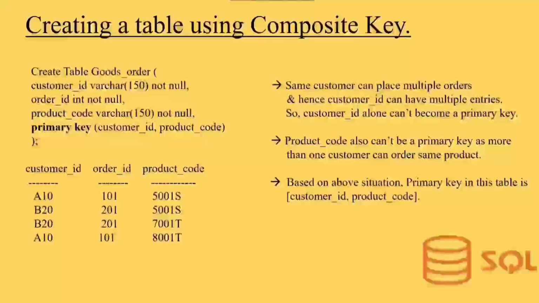Product code also cannot be a primary key, as more than one customer can order the same product. So based on this situation, we are creating a primary key using customer ID and product code. You can see customer ID B20 is having order ID 201 and 201, but the product code is different. So based on those two columns, using composite key we are defining the uniqueness.